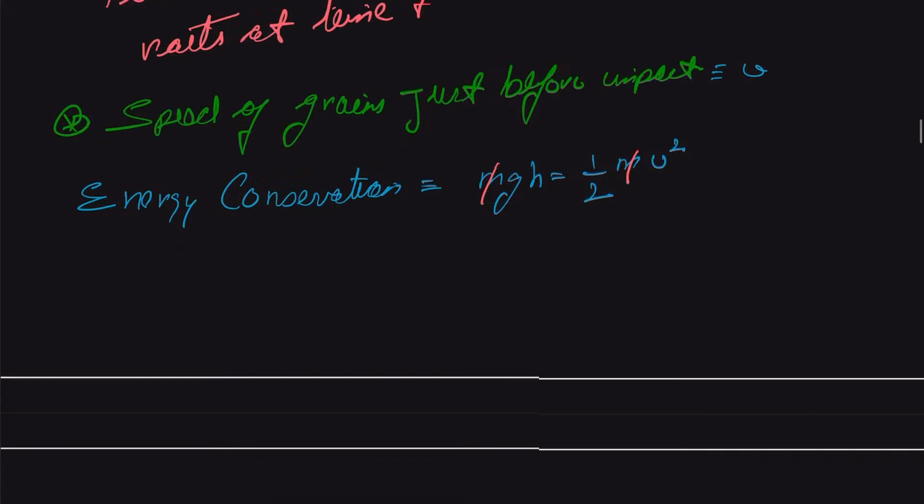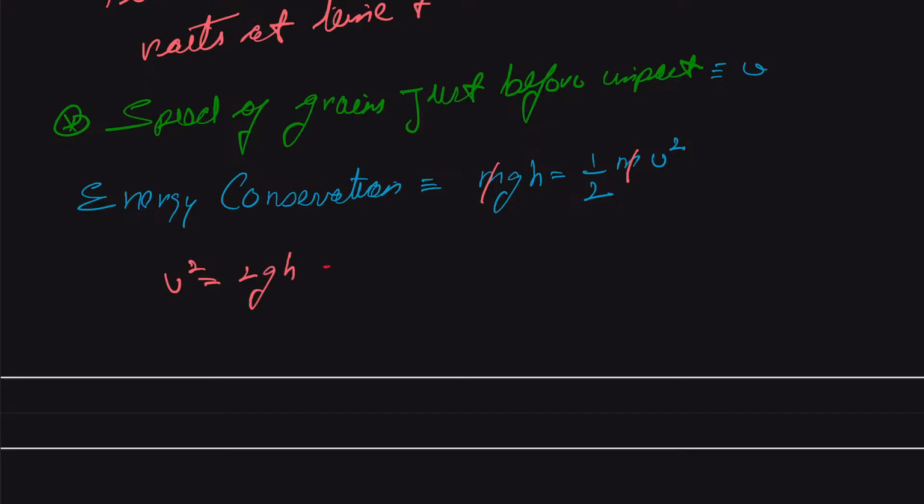Therefore v square is equal to 2gh, or v is equal to square root of 2gh.